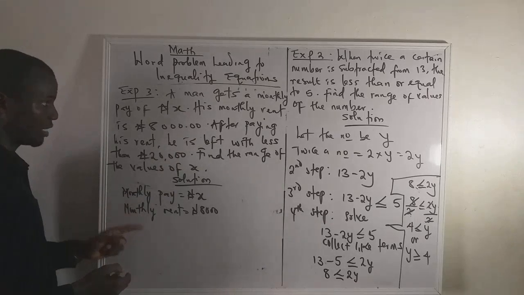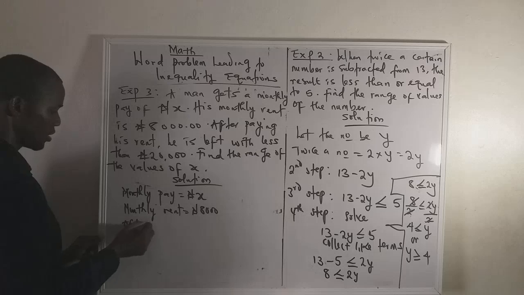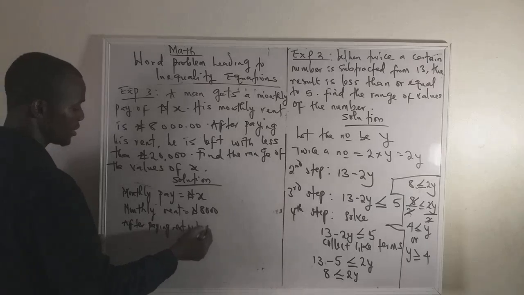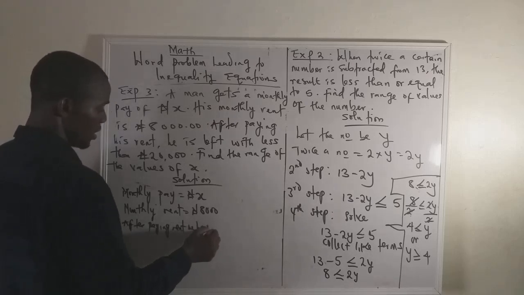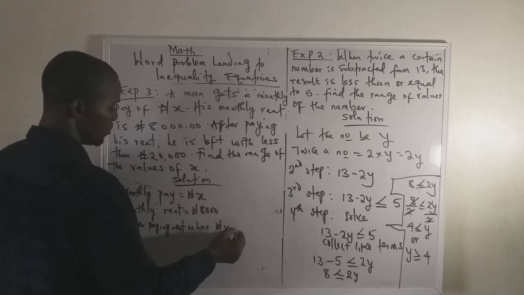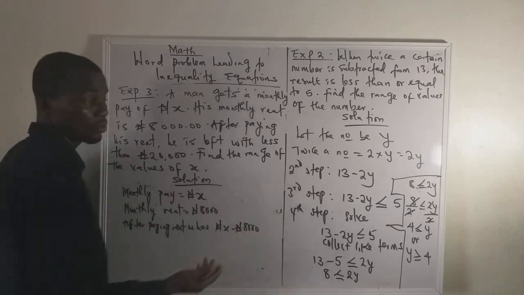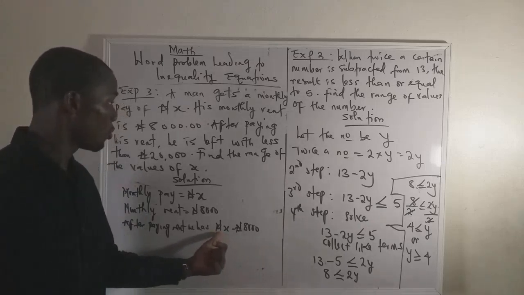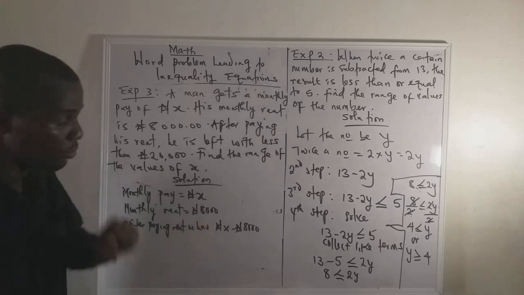After paying his rent, he is left with less than 20,000. It means if you take away 8,000 naira, that is his house rent, from the X naira, what we are going to have left is what we are looking for.